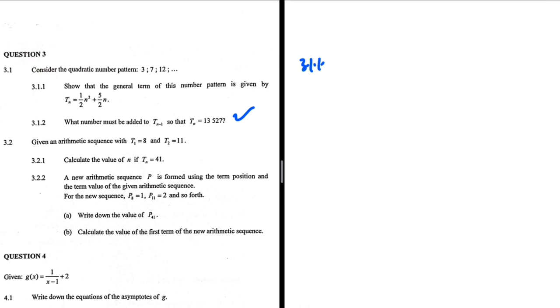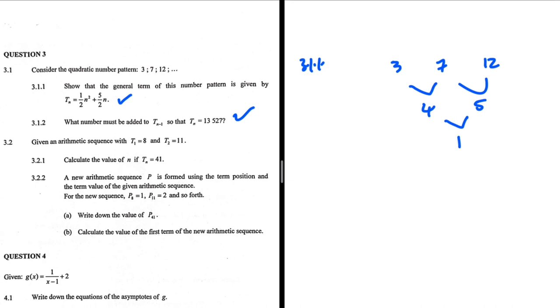We are given a quadratic number pattern with the first three terms being 3, 7, and 12. We're supposed to find the general term. Actually, show that it is equal to what we have there. So we need to find the second common difference, right? 7 minus 3 is 4. 12 minus 7 is 5. 5 minus 4 is 1.